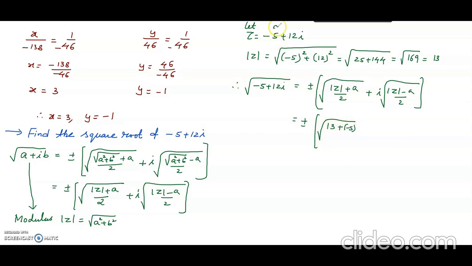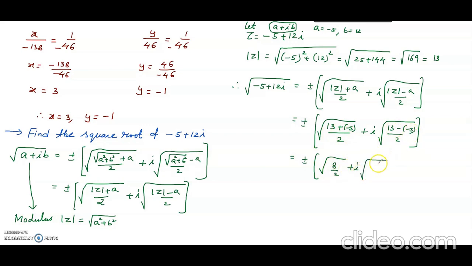Remember, when you're comparing this with a plus ib, the value of a is minus 5 and the value of b is 12. So this is equal to plus or minus, under root of (13 minus 5) by 2, which is 8 by 2, plus i into under root of (13 plus 5) by 2, which is 18 by 2.